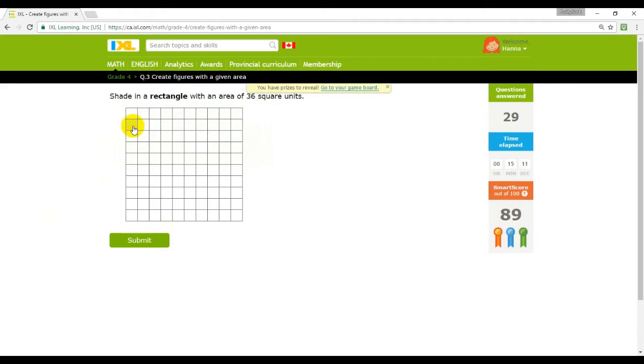36 square units. Okay, so that would be 6 rows of 6s. Okay, 72 square units.